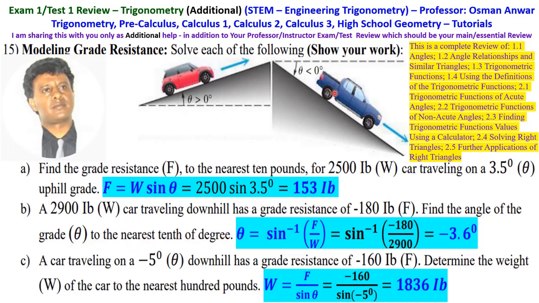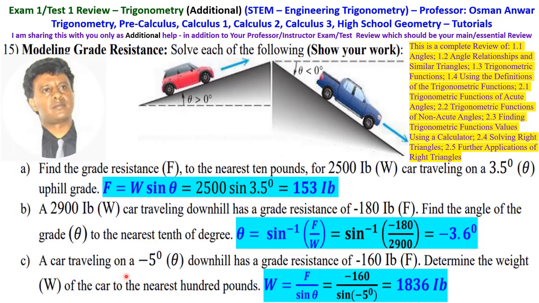So this is a 2,900 pound vehicle traveling downhill, and the grade resistance that is keeping this car from sliding down is minus 180 pound. Then the theta angle is sine inverse of minus 180 over 2,900, which is sine inverse F over W, which is minus 3.6 degree.